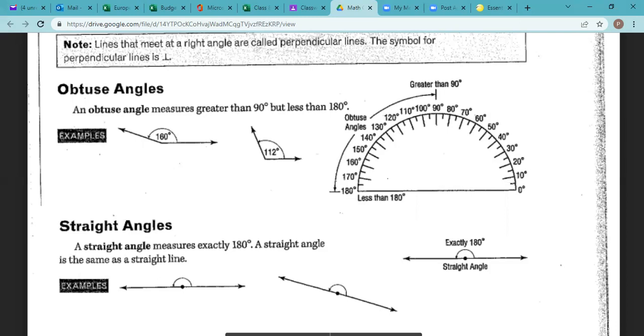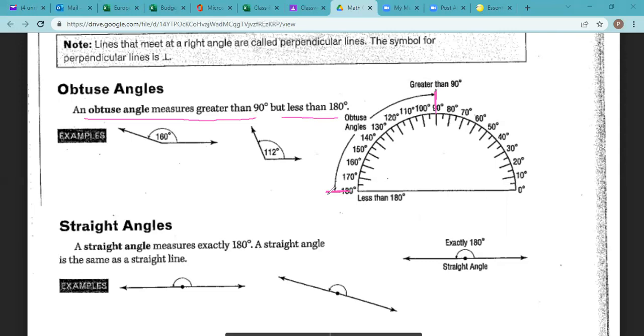And most of the time, they do not put you flat on your back, so you would not be 180 degrees. So an obtuse angle would be, it's going to measure greater than 90 degrees, but it's less than 180 degrees. All right. So it's going to be somewhere after the 90, less than 180.